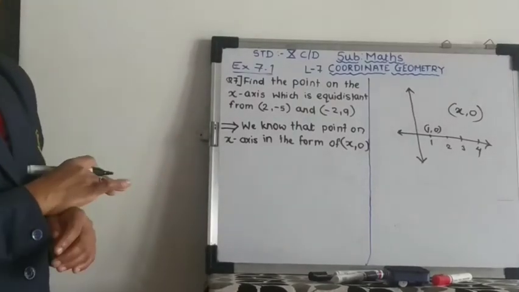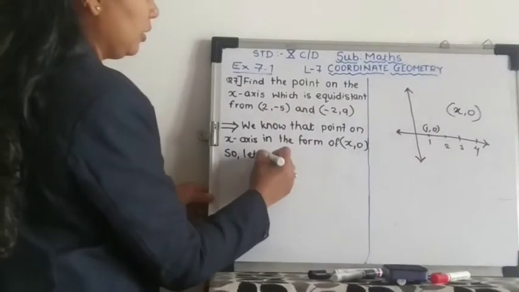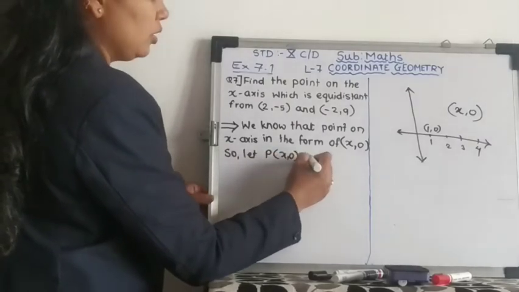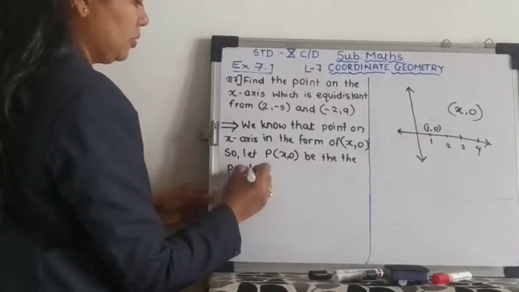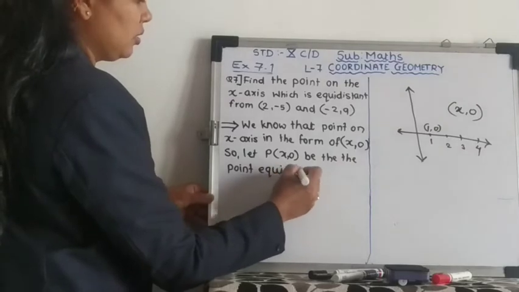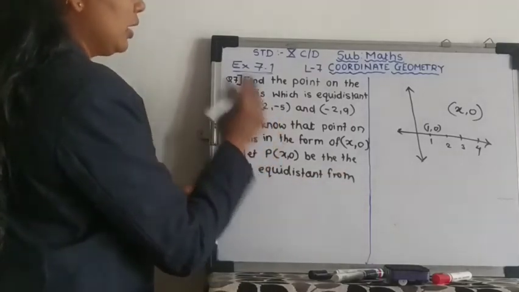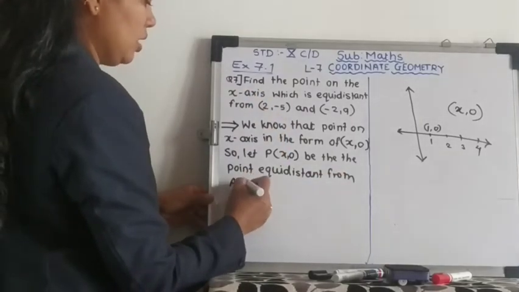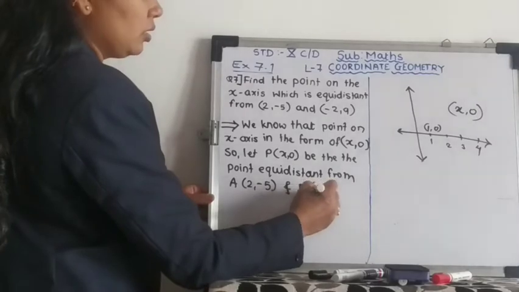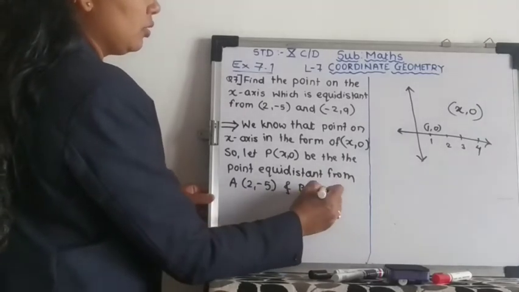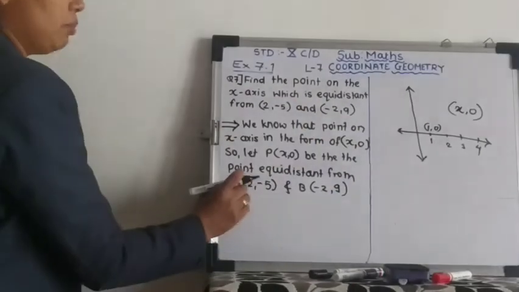So we will take here let P(x, 0) be the point equidistant from, let us label this one also, this point A, that is (2, -5), and B (-2, 9). Understood this one? So these points also we labeled as A and B.